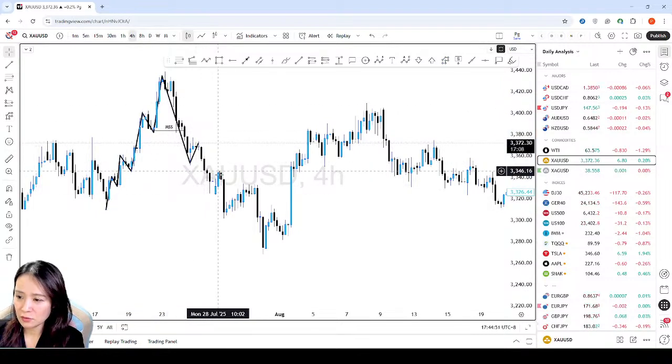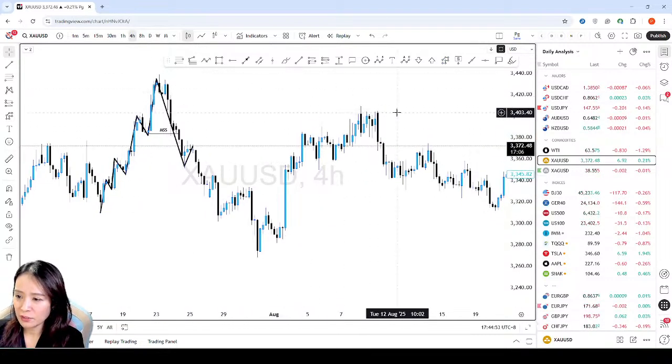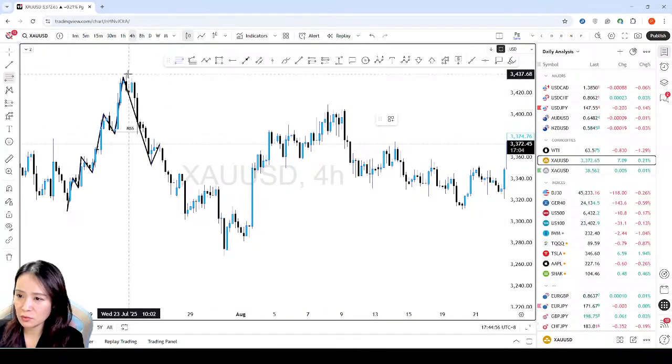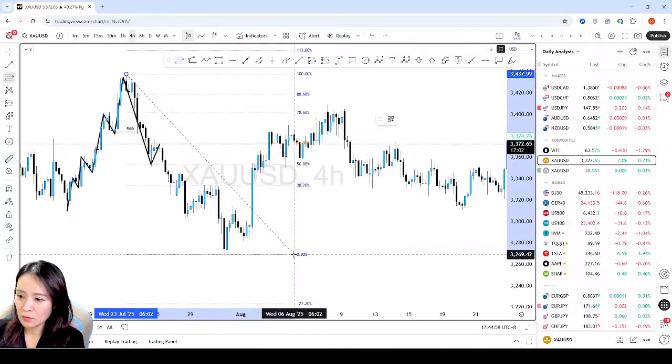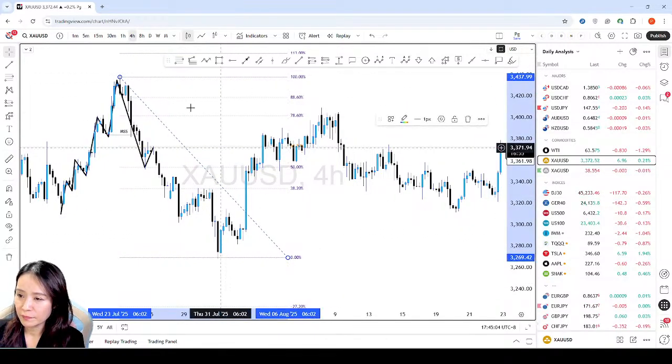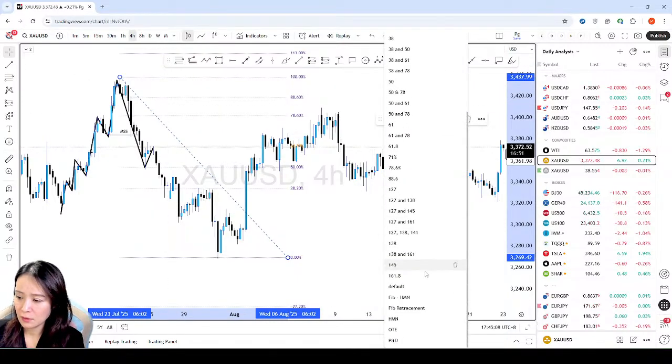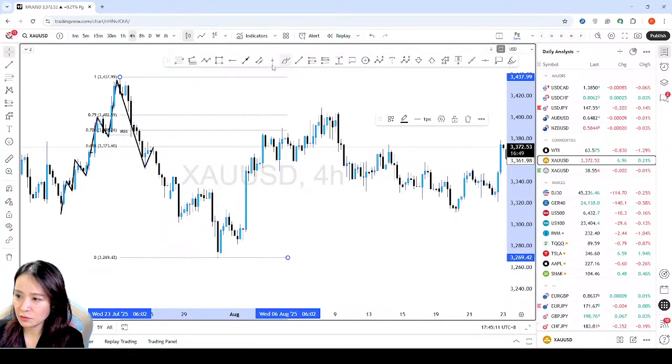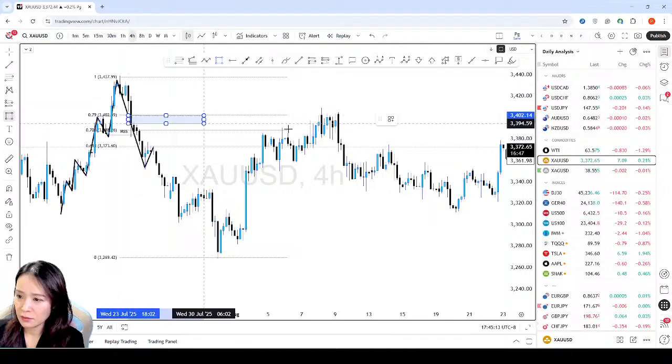So then it continues to go lower. We're going to sell here. So what you need to do is pull the Fib from the swing high to the swing low. So this is going to be your sell zone, okay, so your sell zone is at these zones.